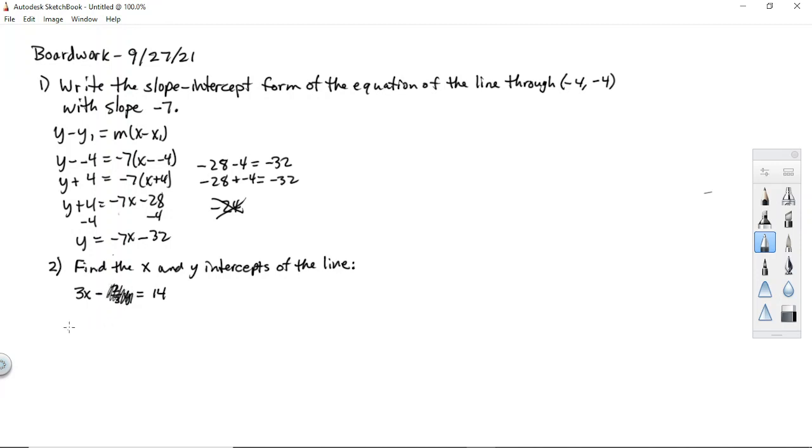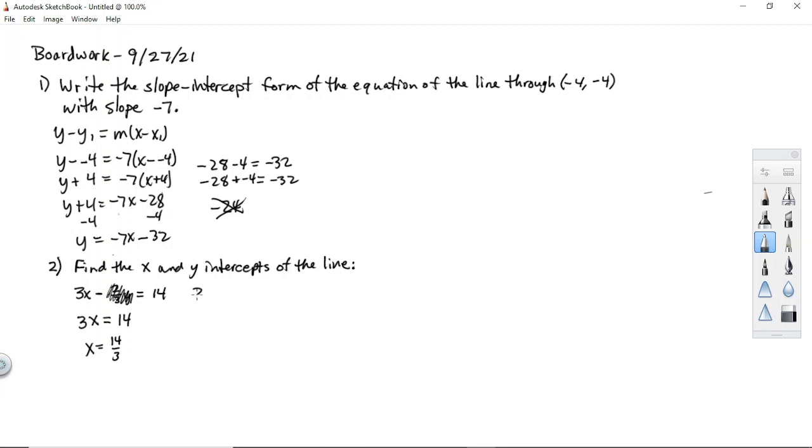So kind of scratch that out and say 3x equals 14. Okay, and so solve for x. Divide both sides by 3. On the left you get x, on the right you get 14/3. So that's the x-intercept.